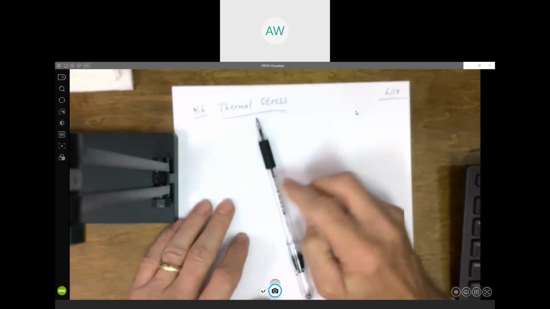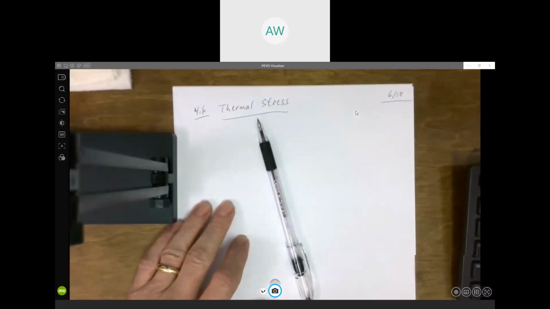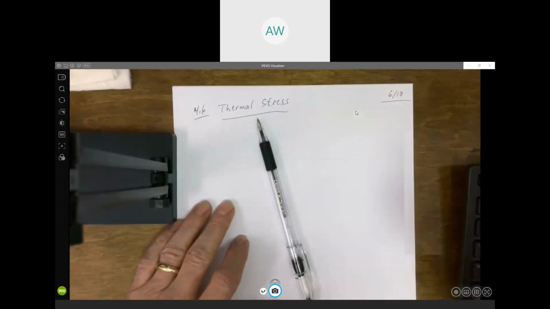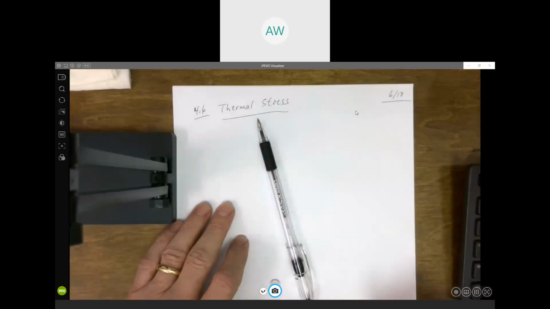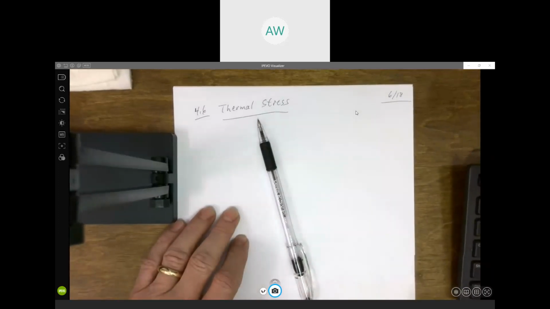I see the name thermal stress, I'm thinking this is stress caused by temperature, and it's more of an indirect effect that causes the stress. But we'll talk a little bit more about that in just a minute.